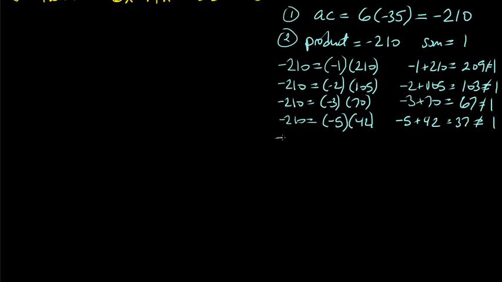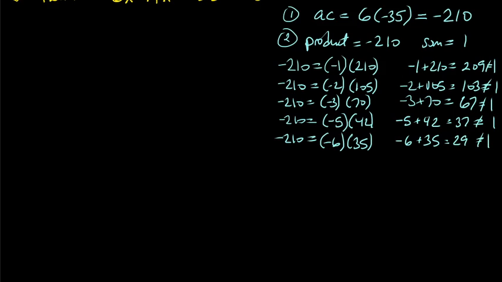So that doesn't work either. Negative 6, I don't think that works. Actually, yes, it does. 35 times 6 is 210, so negative 6 times 35 is negative 210. And negative 6 plus 35 is 29. Still not 1. So that didn't work either.